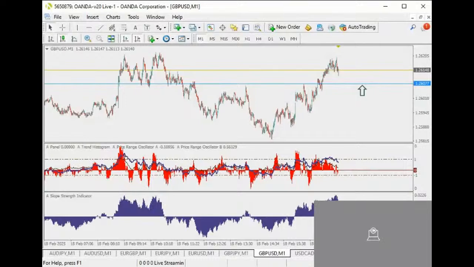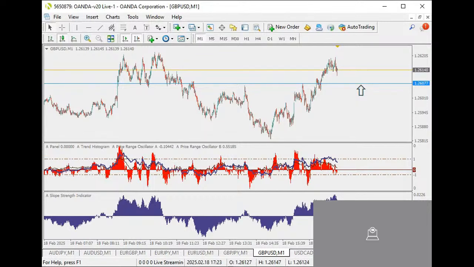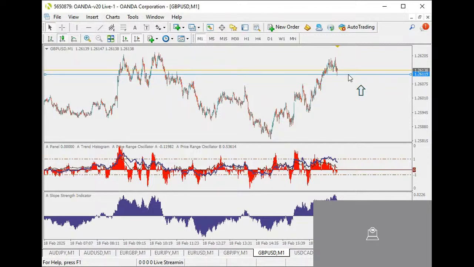The support level is now at around, checking, it's risen to 126.11. And obviously bullish here, right here, looking wishy-washy, not very strong.